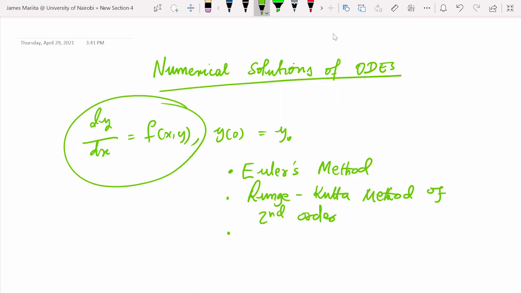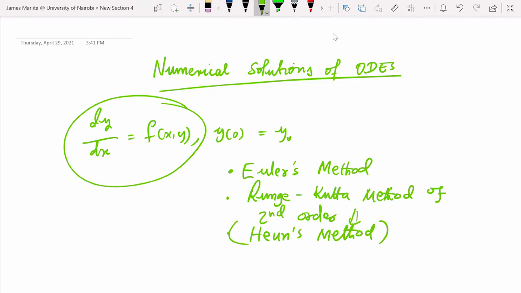And then we'll look at the Heun's method, sometimes called Heun's method.